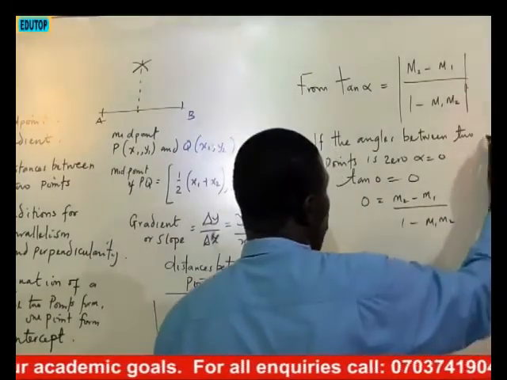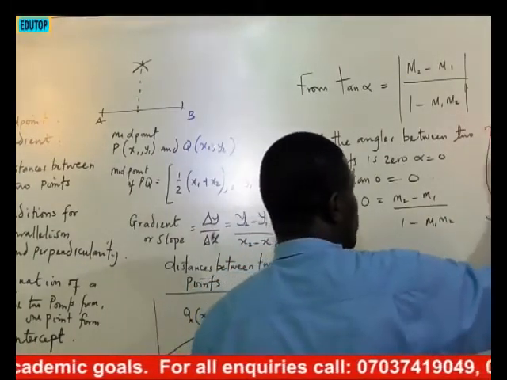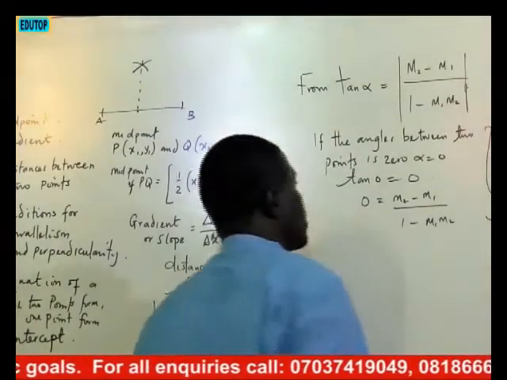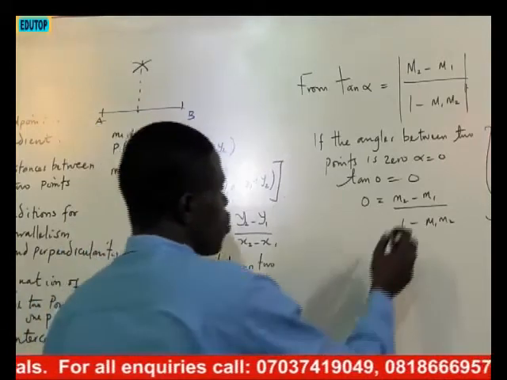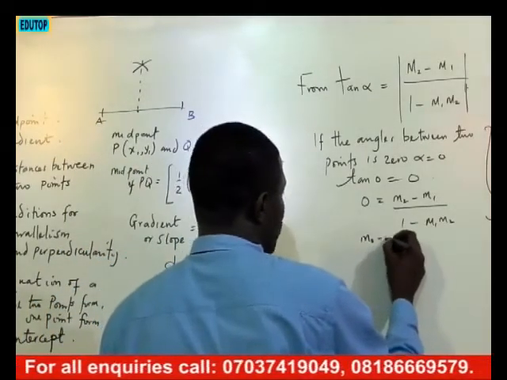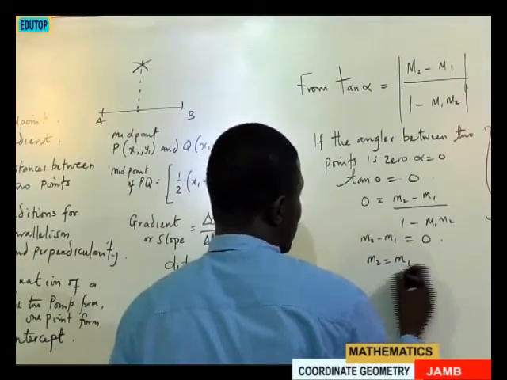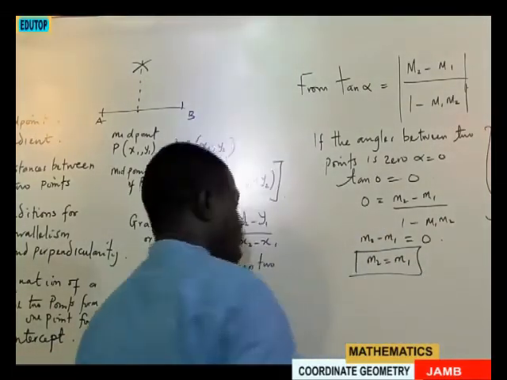This is the condition for parallelism. Take note of that. So we cross multiply, that means m2 minus m1 equals 0. Then m2 equals m1. So this is the condition for parallelism.